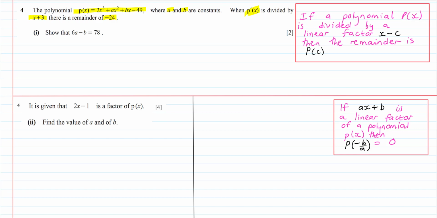So the first thing we're going to do is find p prime of x. So working out p prime of x, we just need to differentiate p of x, and we can just use the power rule to do this.